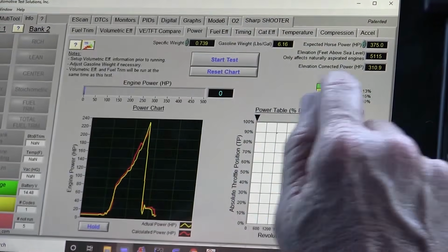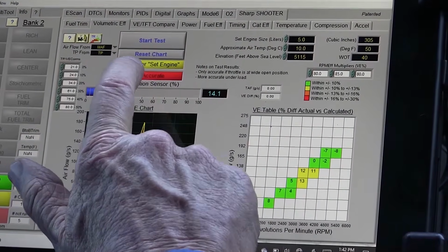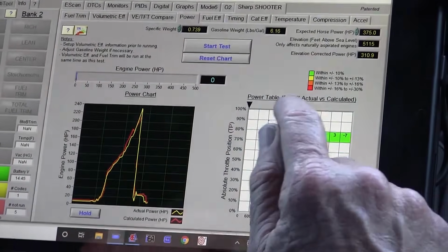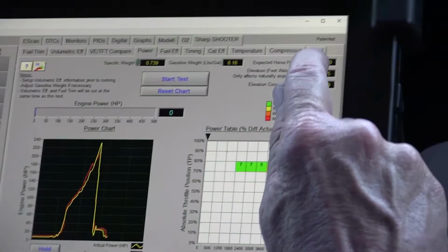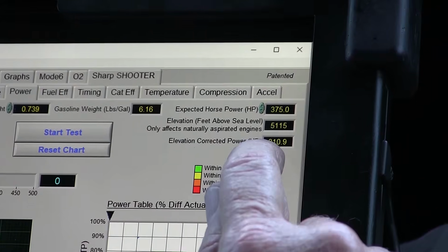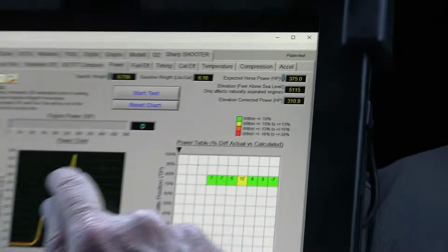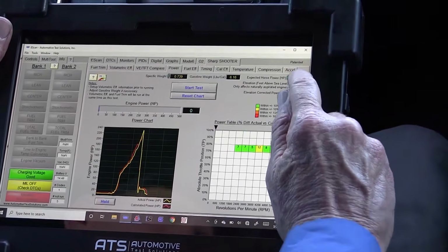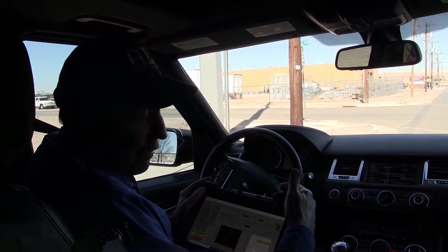To double check the reading, let me explain something. I don't have a known good engine here, so what I want to do is go to power. And in power, it says this is my horsepower rating by the VIN of this car, and this is my corrected horsepower because I'm a mile high, and it's saying that I obtained that horsepower. Now if I made the horsepower, I pumped the right amount of air and I read the right amount of air.